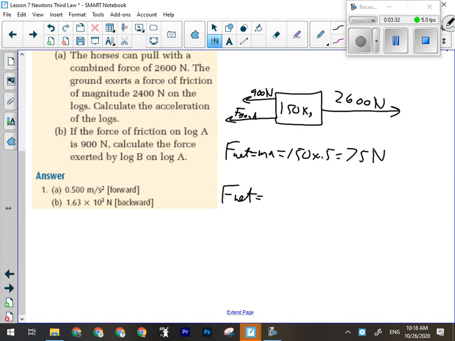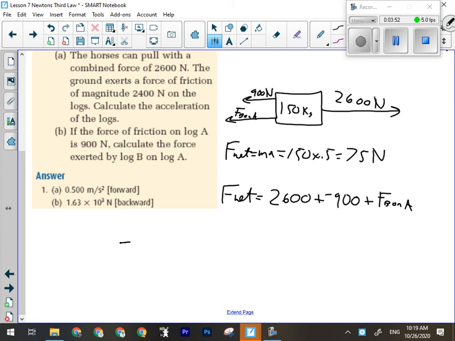And I know that my net force is 2,600 newtons plus negative 900 newtons plus the force of B on A. I want to find the force of B on A, so I've got to move these two numbers over here by subtracting them.